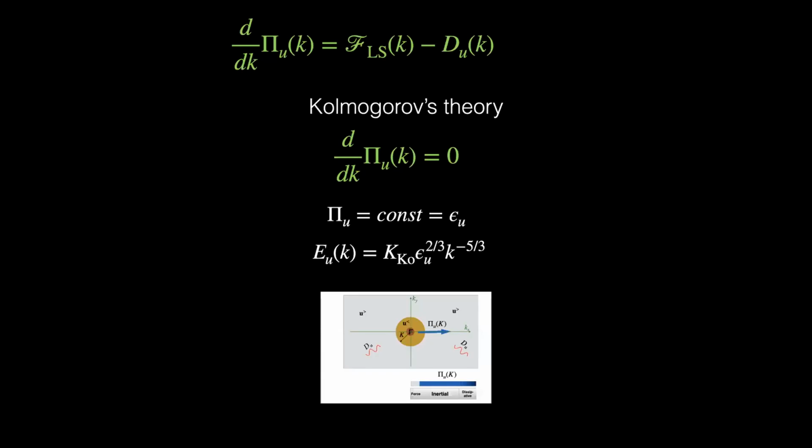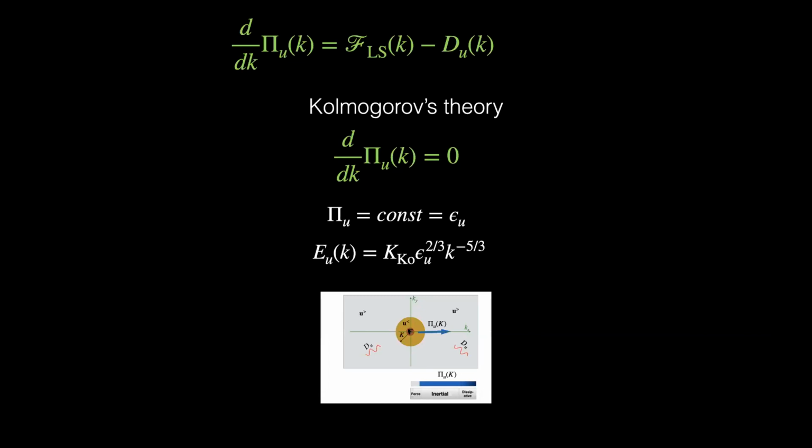If this is constant, then by dimensional analysis you can derive k to the minus five-thirds. This picture shows that the flux in the inertial range is important for me to derive drag reduction. This is the key part. The flux in the inertial range is constant for hydrodynamic turbulence, where the forcing, which is the red sphere here at small wave number, is supplying energy at large scales.